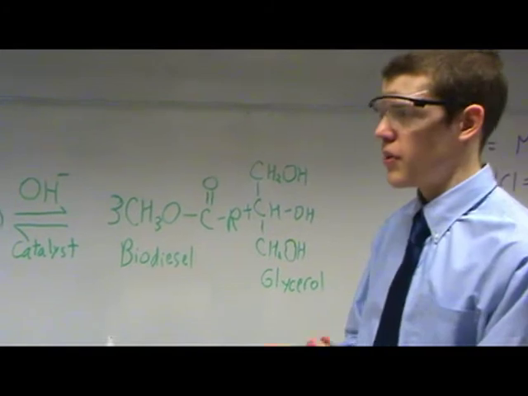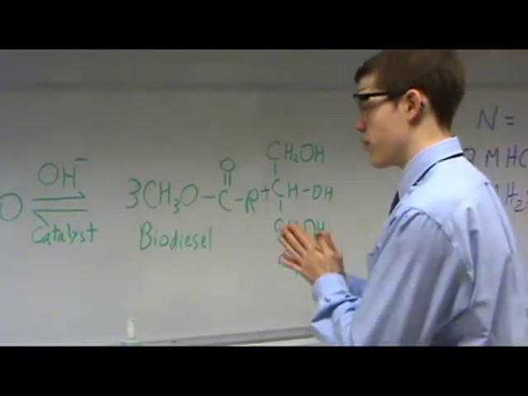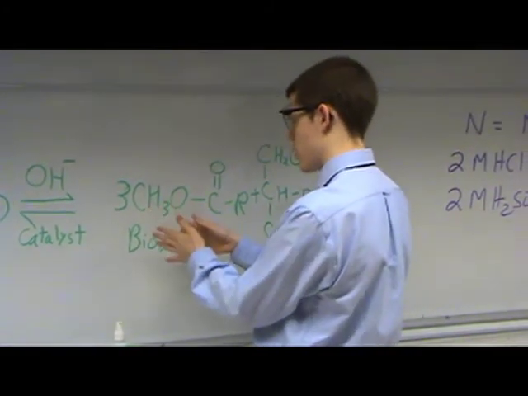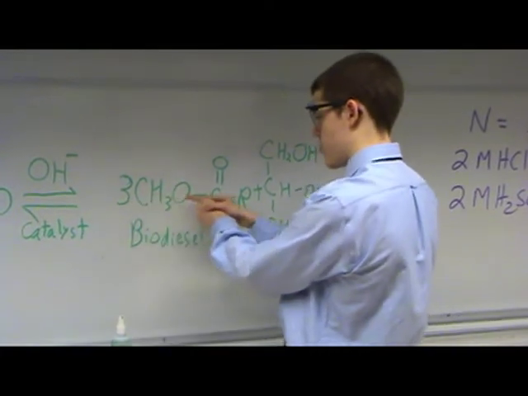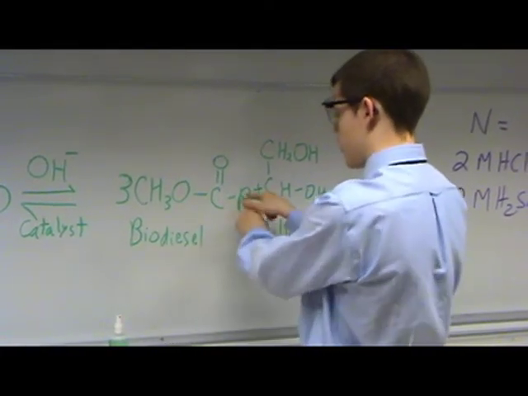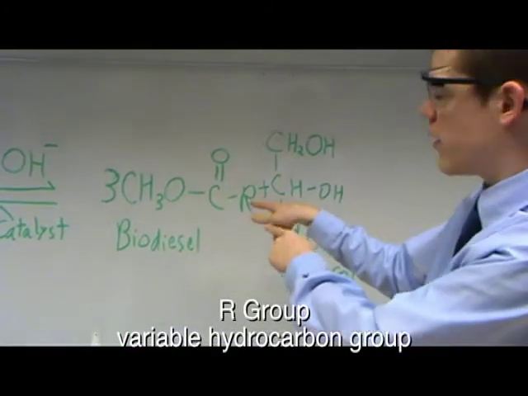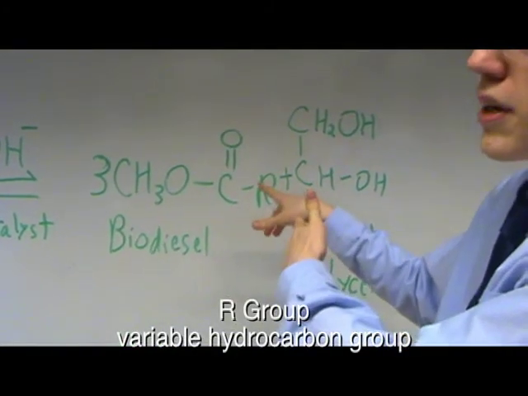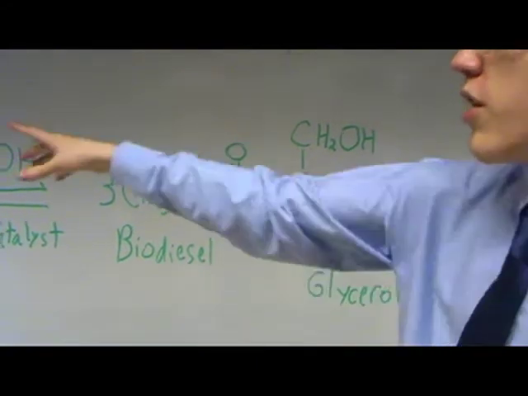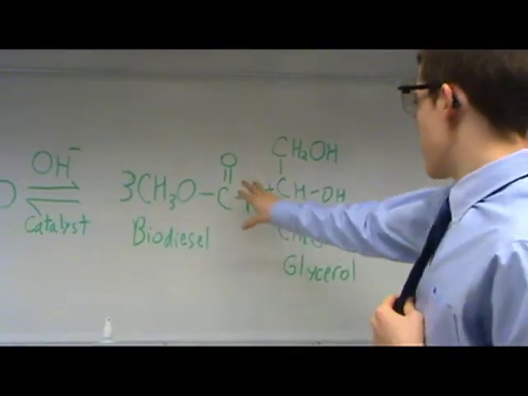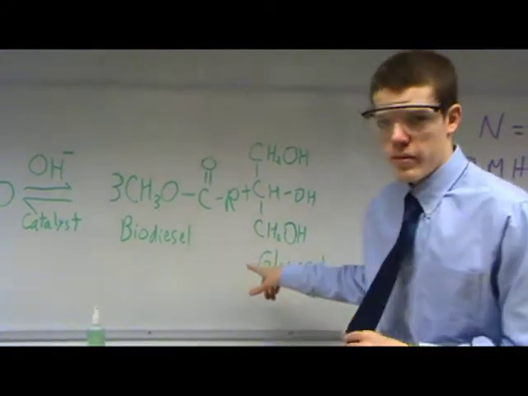After the reaction is complete, we form our products, which are 3CH3CO plus an R, a variable, so it'll be another set of hydrocarbons based upon what we started with, the other R groups. And we also form glycerol.